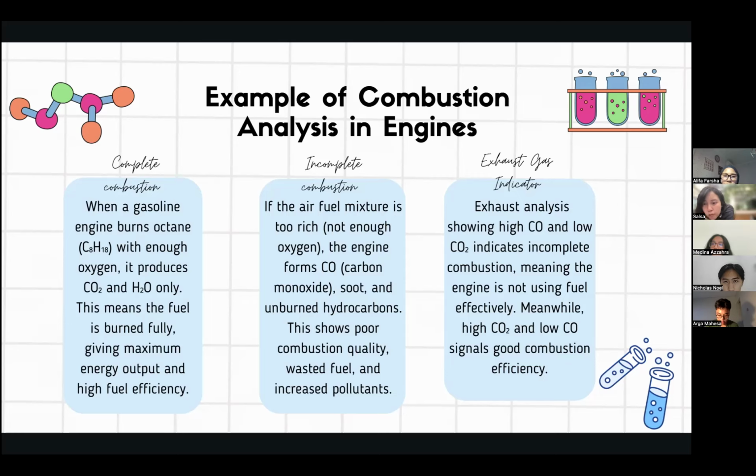The second one is incomplete combustion. If the air-fuel mixture is too rich, with not enough oxygen, the engine forms CO, carbon monoxide, soot, and unburned hydrocarbons. They show poor combustion quality, wasted fuel, and increased pollutants. The last one is exhaust gas indicator. Exhaust analysis showing high CO and low CO2 indicates incomplete combustion, meaning the engine is not using fuel effectively.